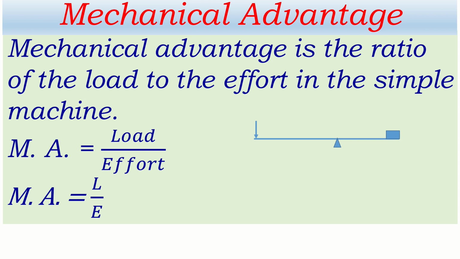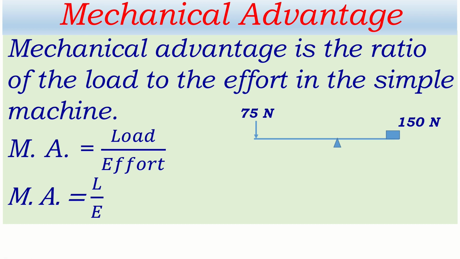Let's say this is a lever in which a load is being raised by applying the effort. Let's say the load is 150 Newton and the effort applied to raise the load is 75 Newton only, because here the effort distance is longer than the load distance. That's why less effort will be able to raise a heavy load.